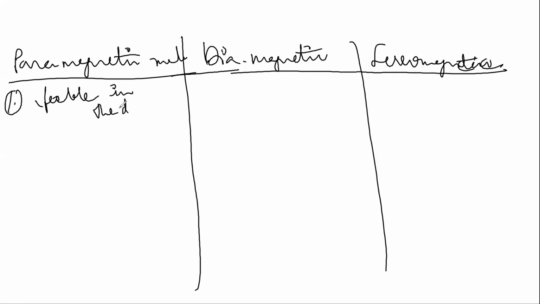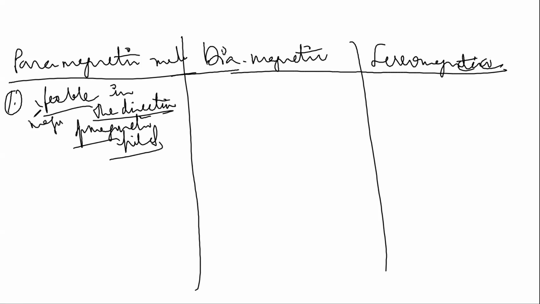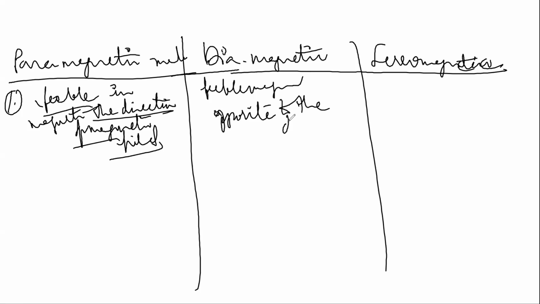This is very important. Such types of materials are said to be paramagnetic. But in diamagnetic, it is feeble magnetism, the same, but opposite to the direction of the applied magnetic field.